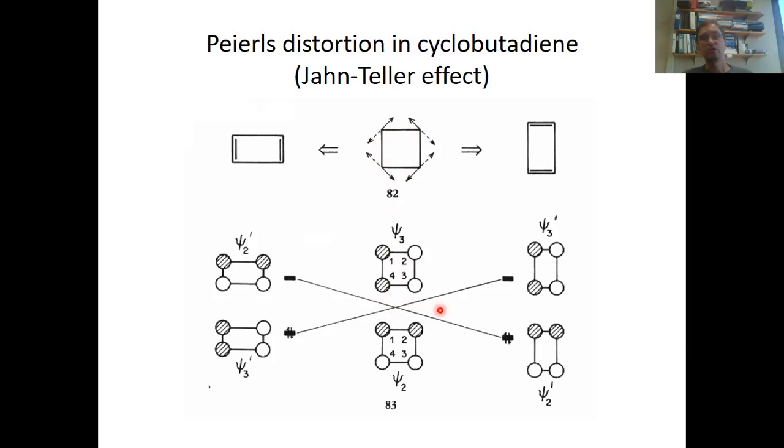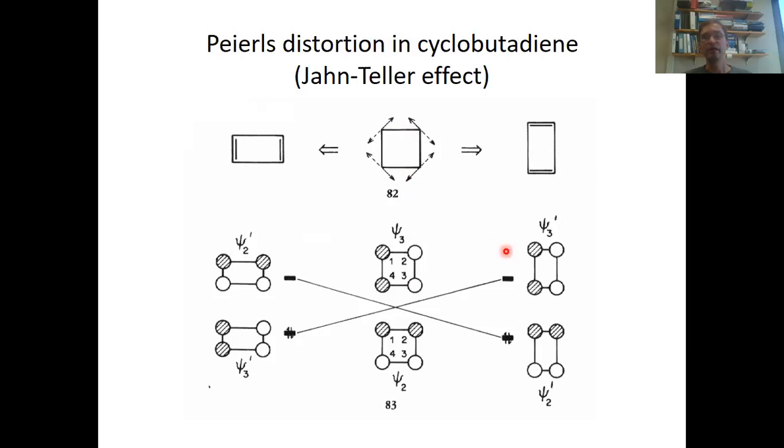All right, so now you can see that by distortion of this square, the system can lower the energy of its non-bonding electrons. And it can do so in principle in 2 ways.